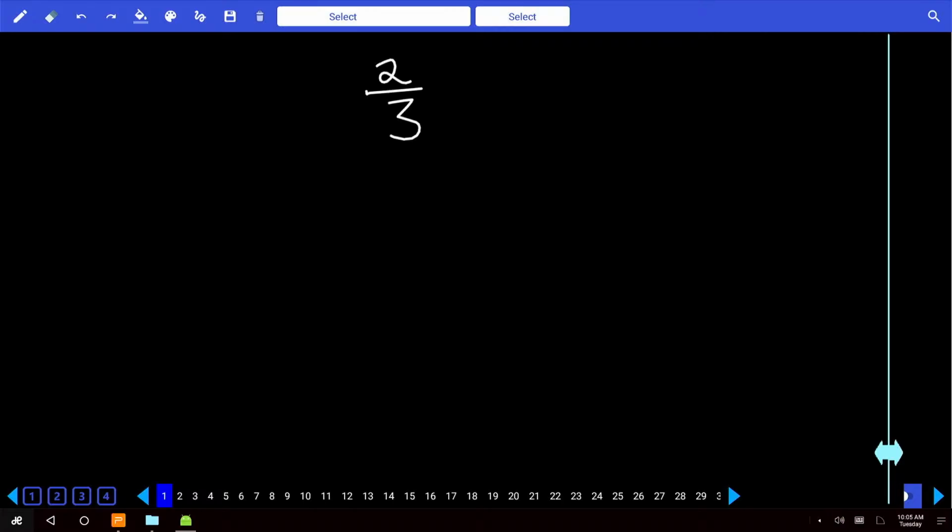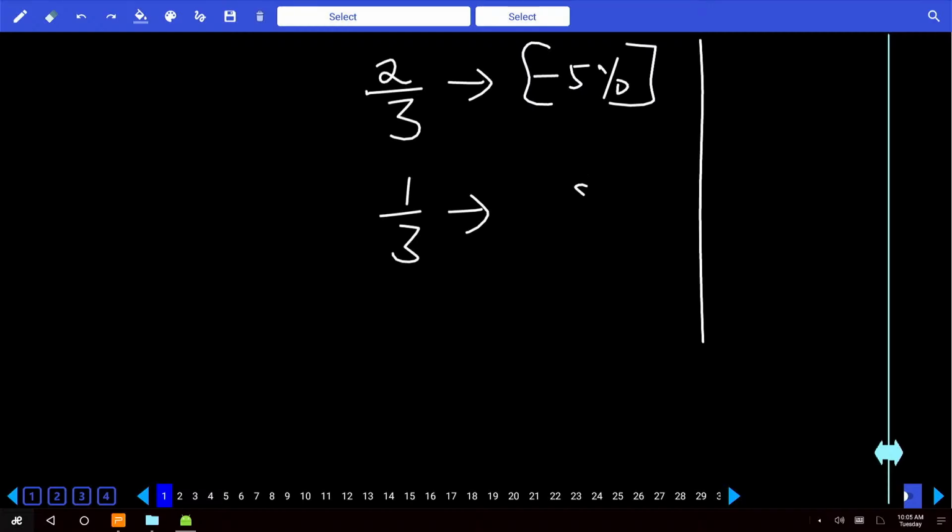2/3 sold. Interesting. 5%. I am telling you, this is interesting. Overall 13%. Now look at this. Denominator, 3 items. How many sold? These 2 are sold. 1 is left.